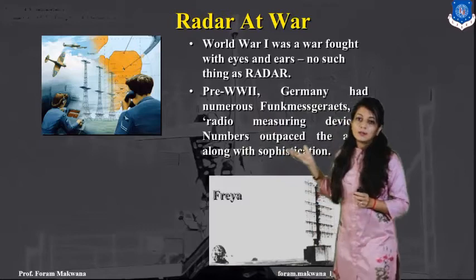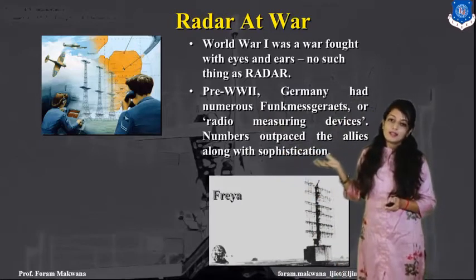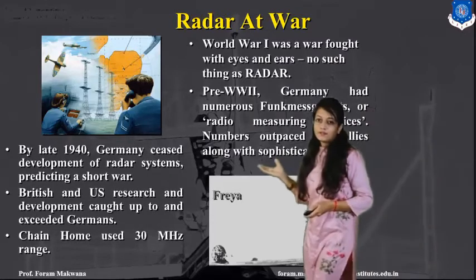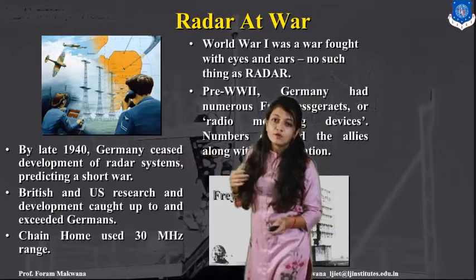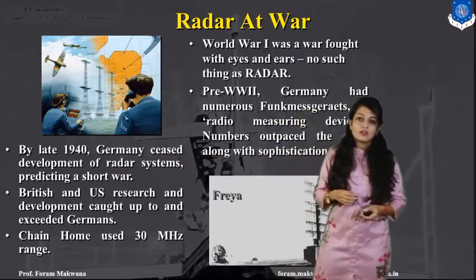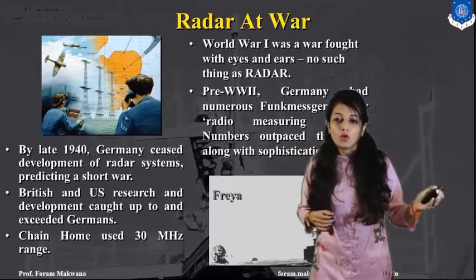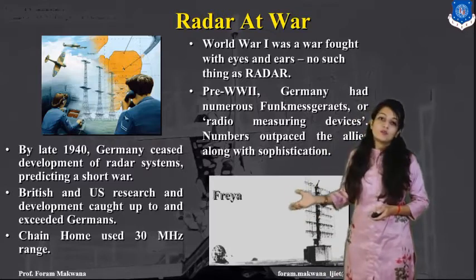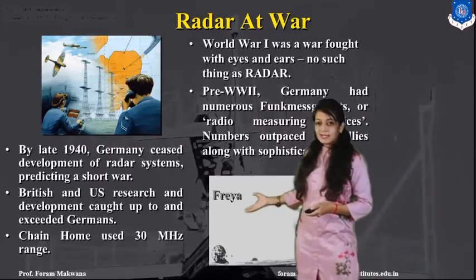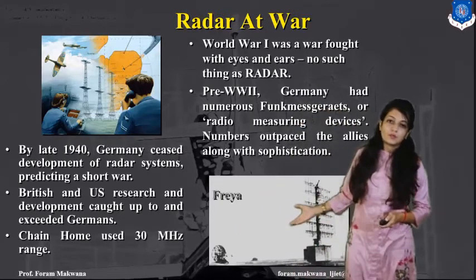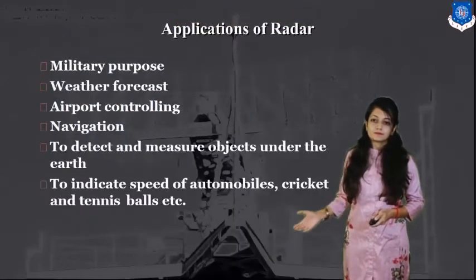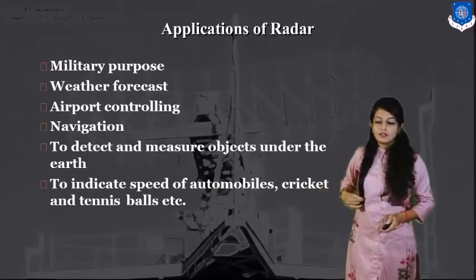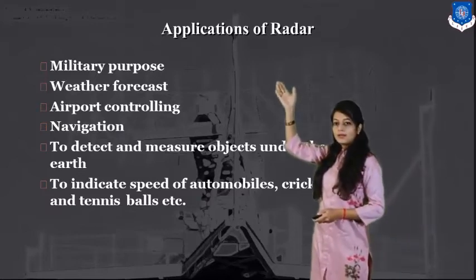By the late 1940s, Germany saw a development of radar systems which were credited in the short war, right? But that radar was used at a maximum of 30 megahertz of frequency range.